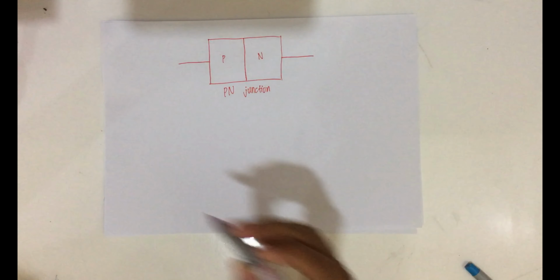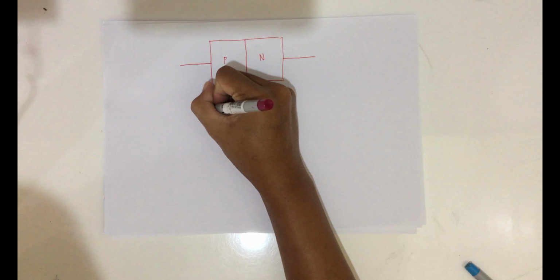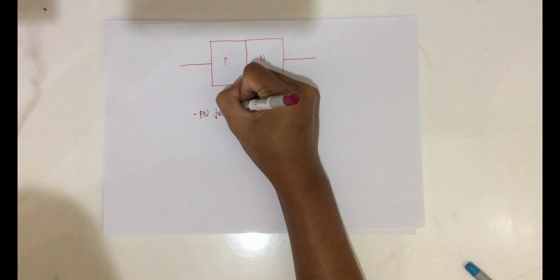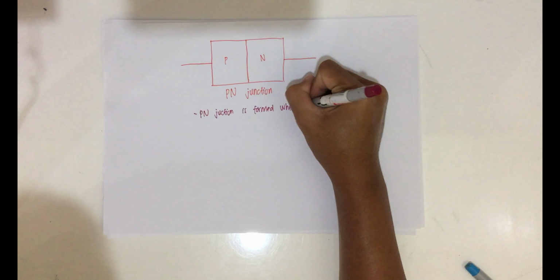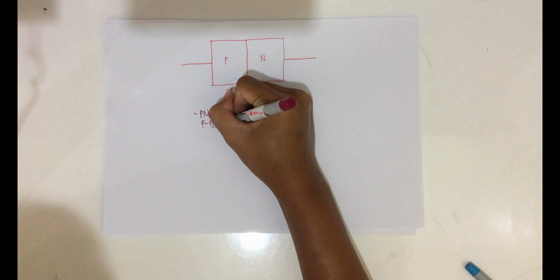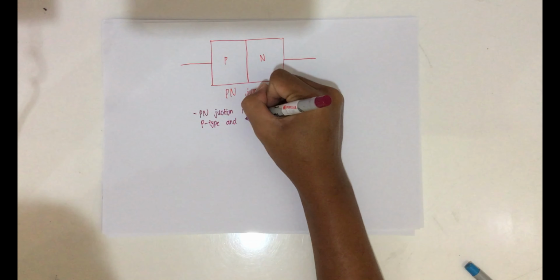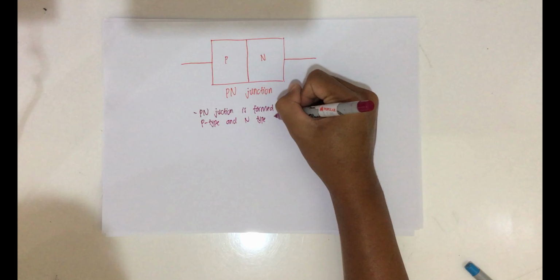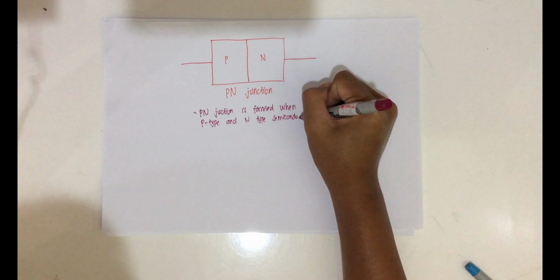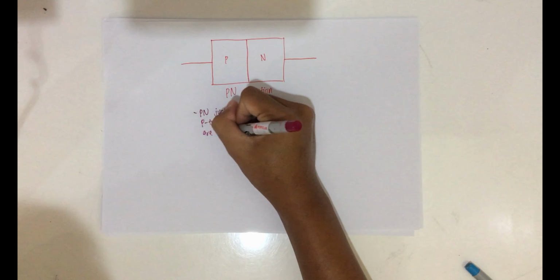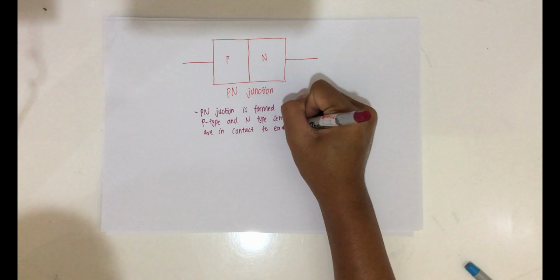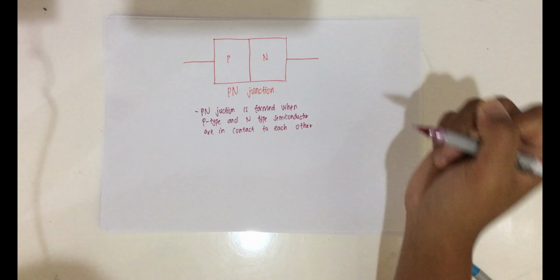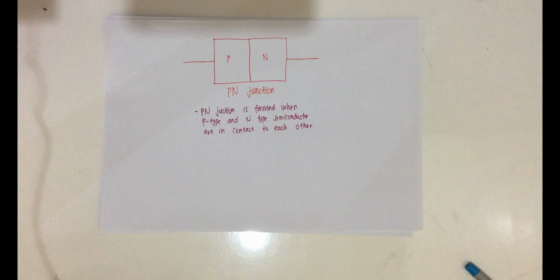PN junction is formed when P-type and N-type semiconductor are in contact to each other, which means that P-type semiconductor and N-type semiconductor are attached to each other.